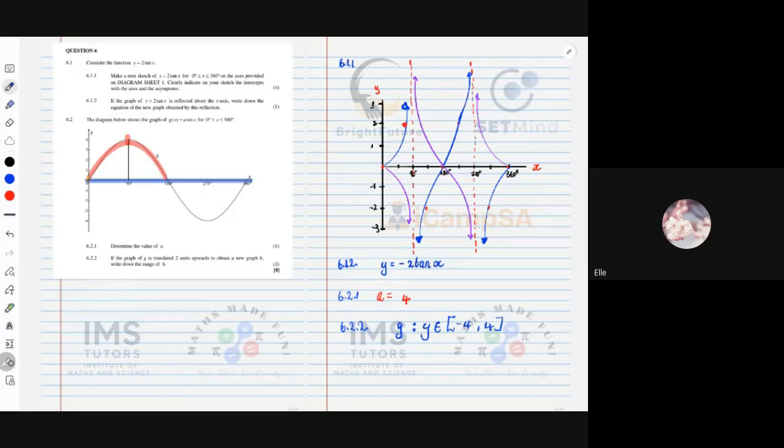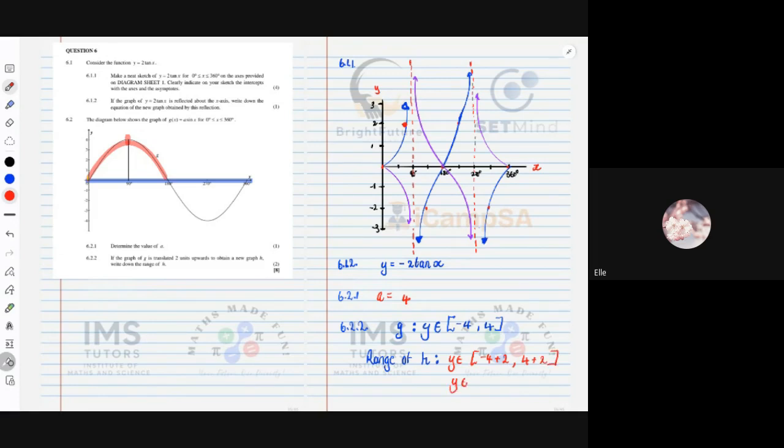So the new graph of h, I'll just say range of h. That's the simplest way of finding this. We just say y is an element of -4 plus 2, since we're shifting it 2 units upwards, and then 4 plus 2.